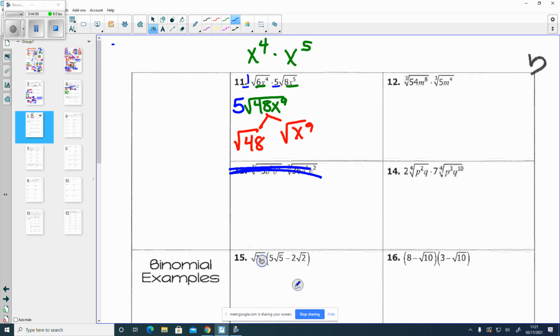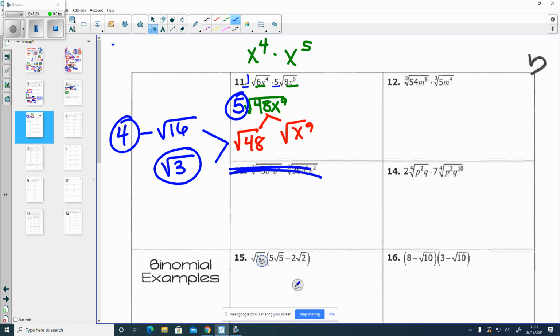Okay, so the square root of 48, which perfect square goes into 48? 16 times what? Okay. And so 16 will turn to 4. We'll still have this. And then, what's true about the exponent and the index?